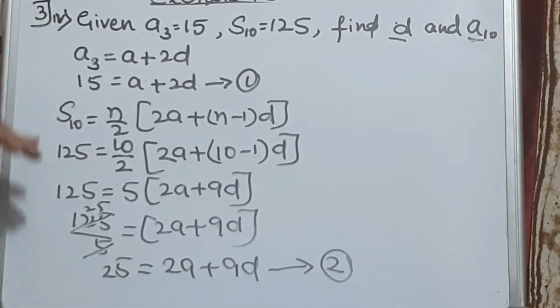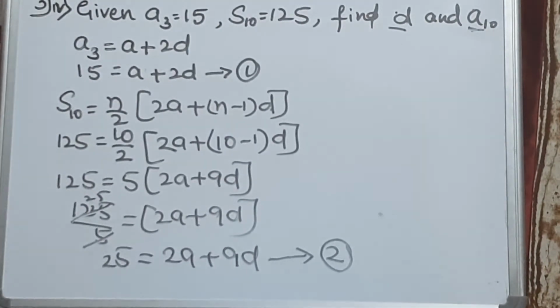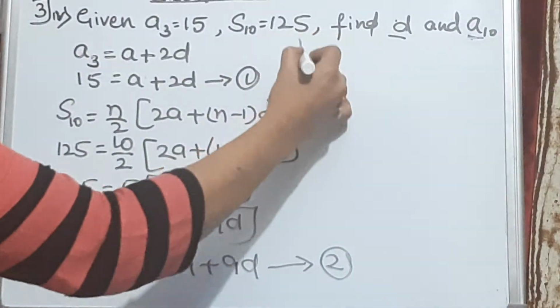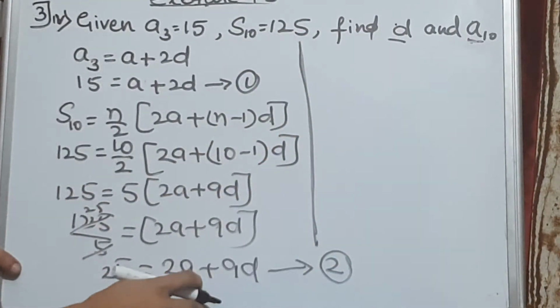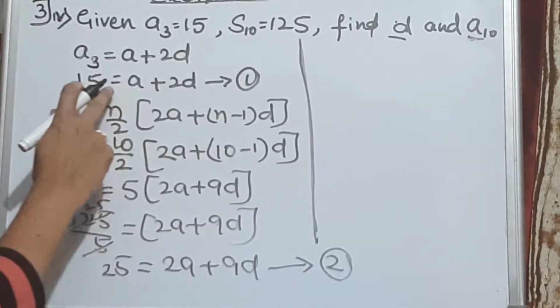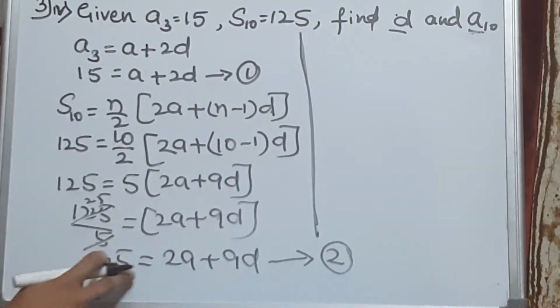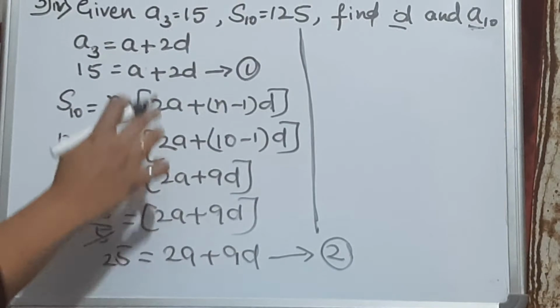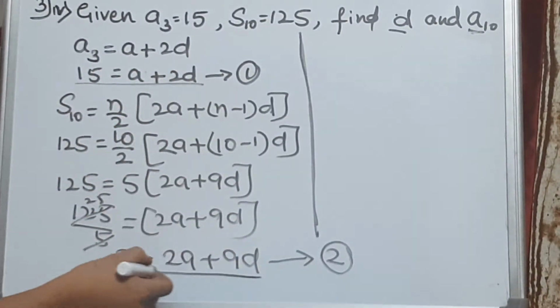From equations 1 and 2, we find A and D very easily. Let me write here. Equation 1: 15 equals A plus 2D. Equation 2: 25 equals 2A plus 9D. No number is the same; not even one term is the same.